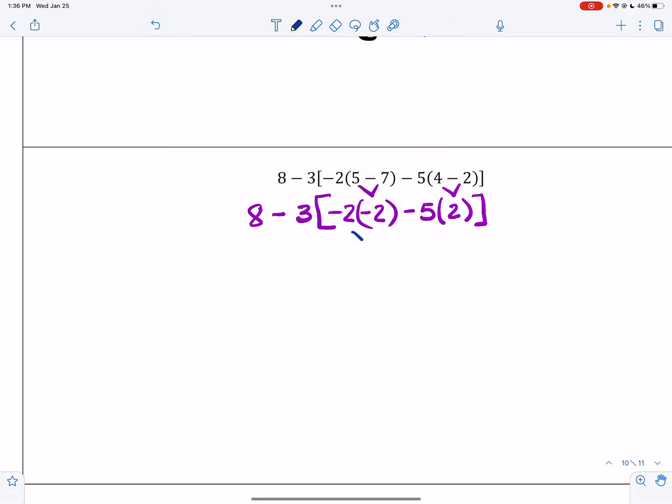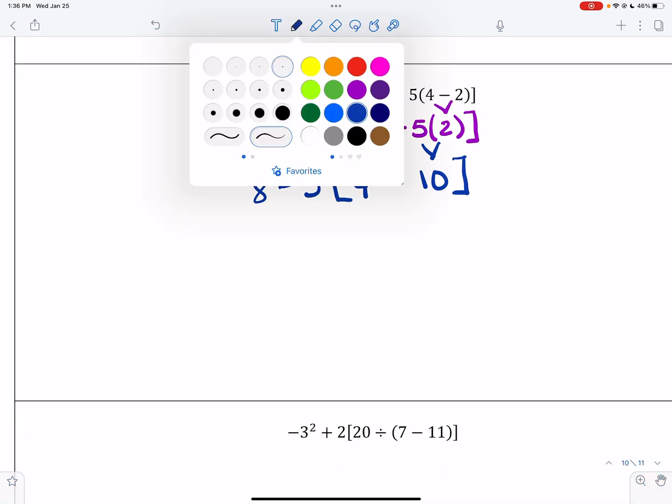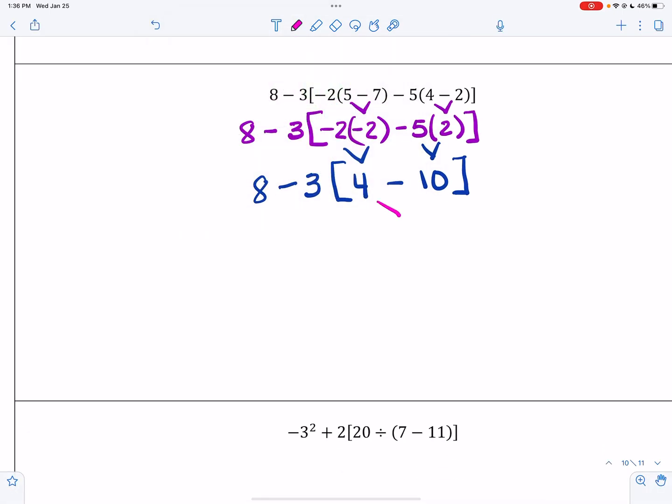Now I'm going to take negative 2 times negative 2, which is 4, 5 times 2, which is 10, and I'm going to subtract those, and that's in brackets with the 8 minus 3 still out in front. Going to do the subtraction. 4 minus 10 is negative 6. And then I have the 8 minus 3.